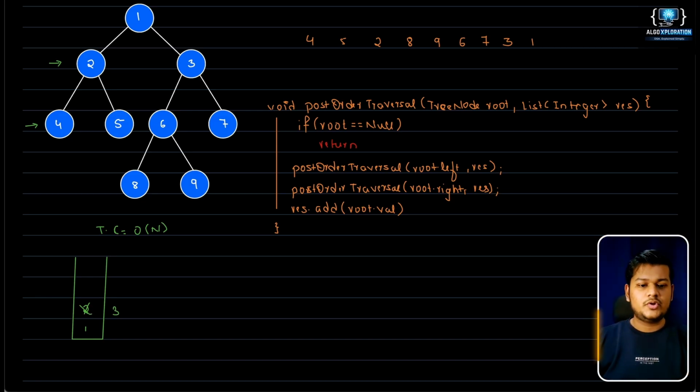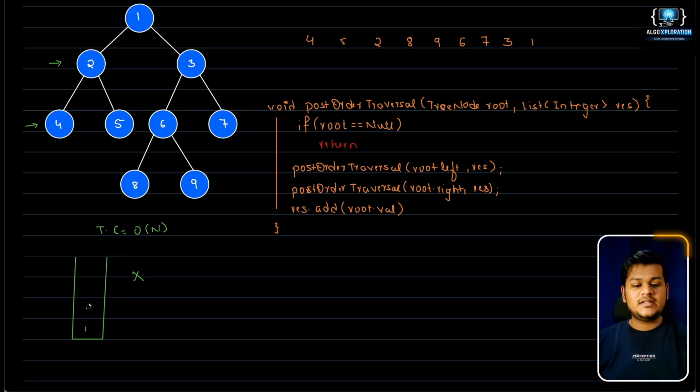So it's not like we have stored 1, 2, 4, 5, and then 3. It is not like this. It is like this: whoever is popped off, that place is taken by the sibling only.